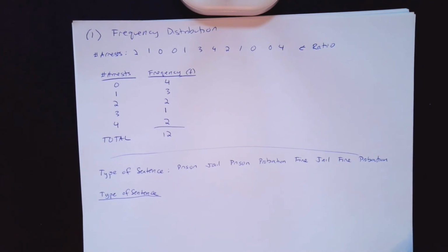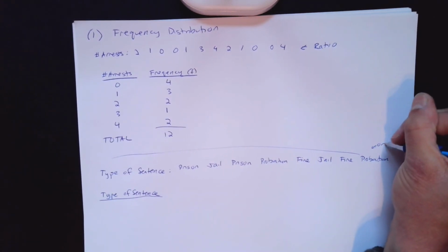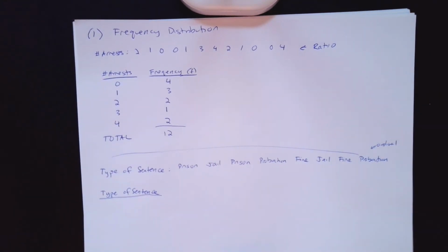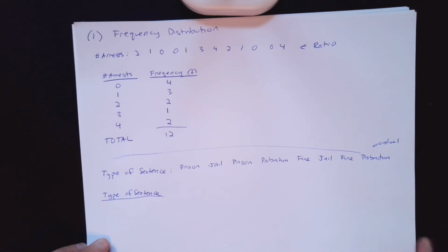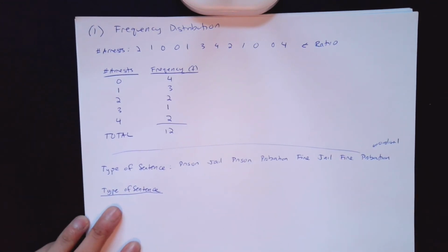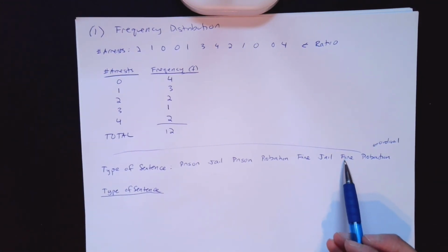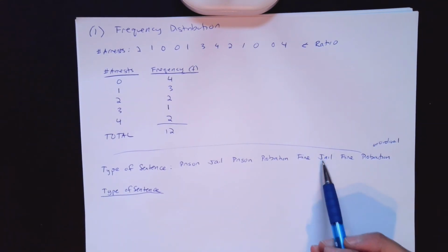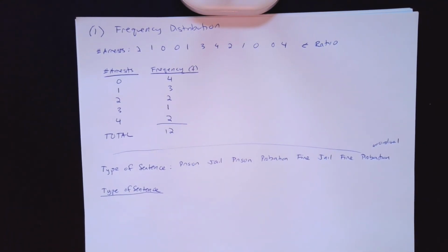So here we have an ordinal level variable. We have some sentences that are more severe and sometimes sentences that are less severe, but they're not numerical, so it's ordinal. So we're going to put them in order from sort of the least severe sentence to the most severe sentence. And here, most people would agree that a fine is the least severe sentence, followed by probation, followed by jail, followed by prison as your most severe type of sentence.